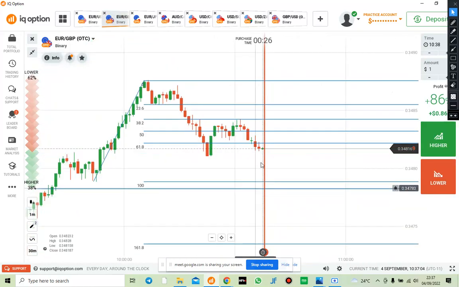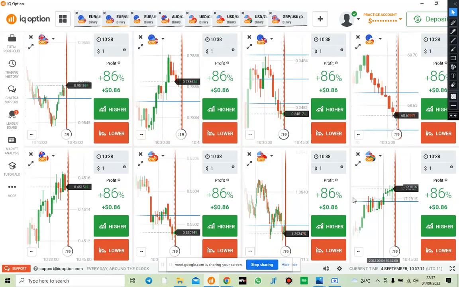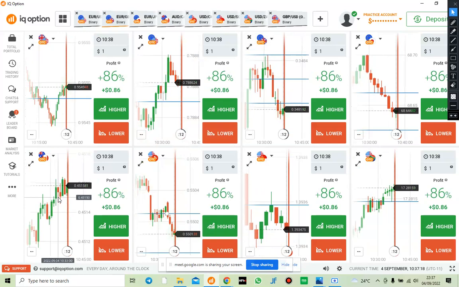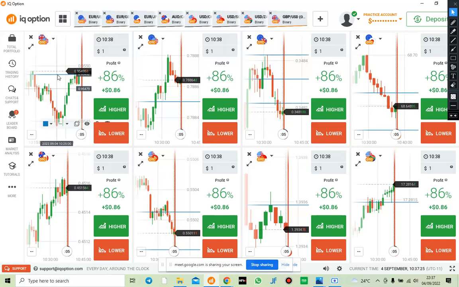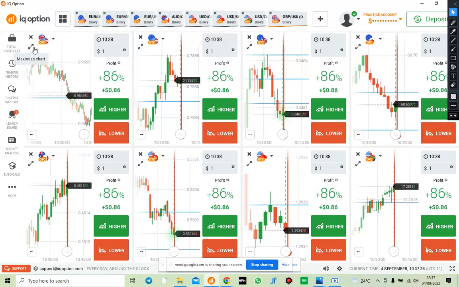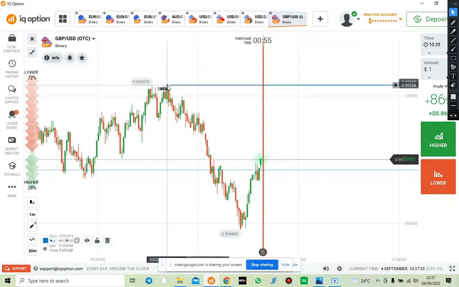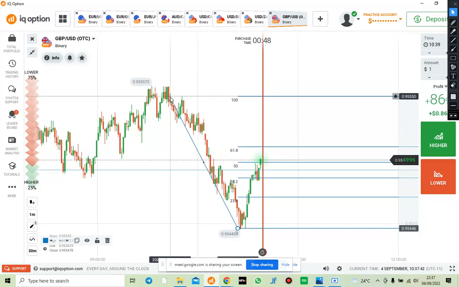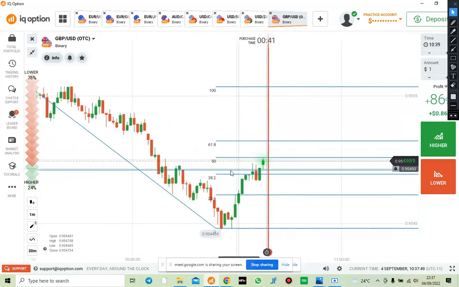Doesn't reverse. Wow. And this is a key level. Okay, this is also a level, and the market reached the level and broke the level.